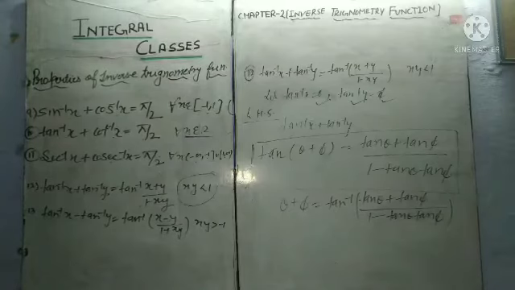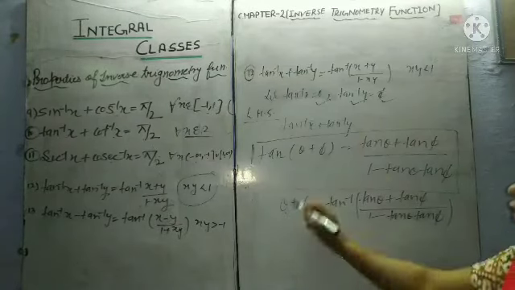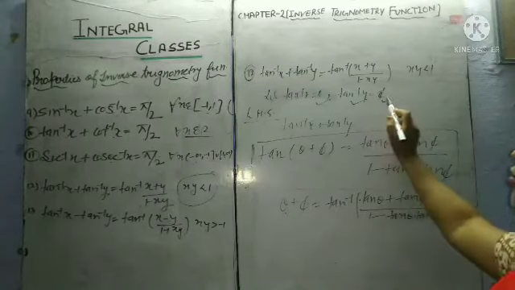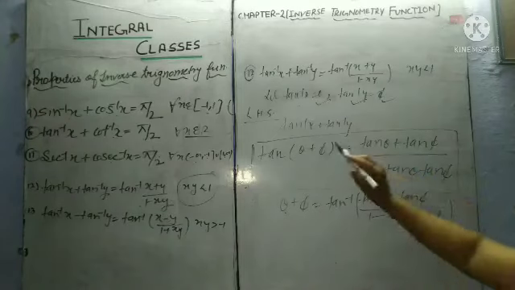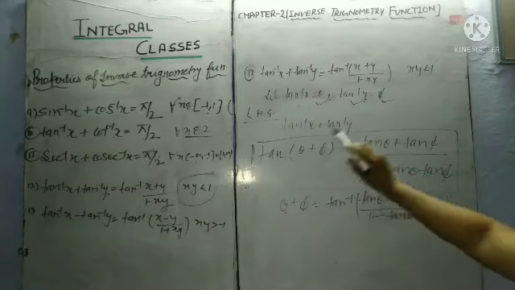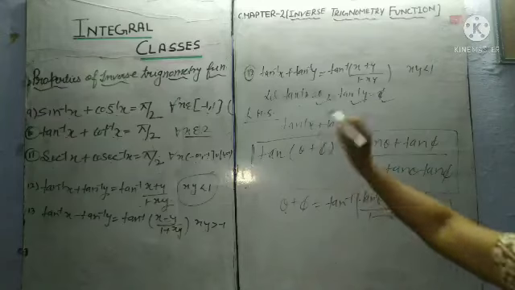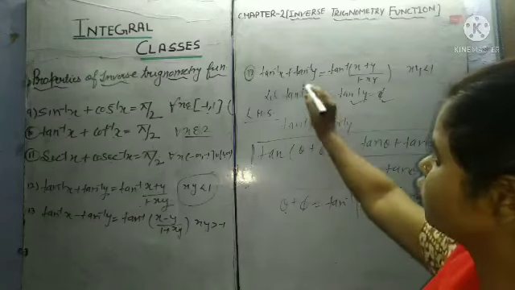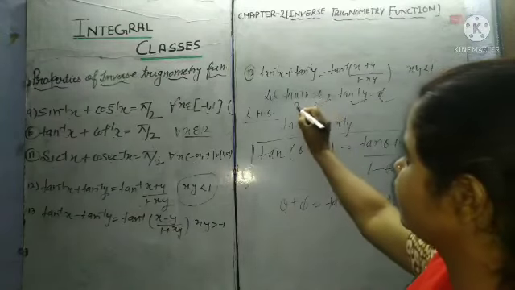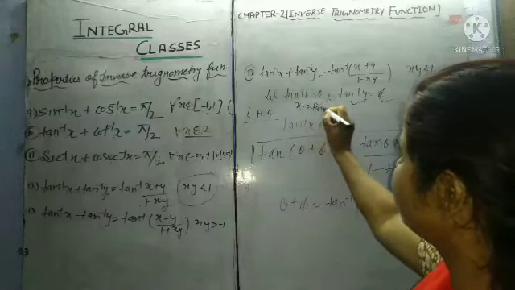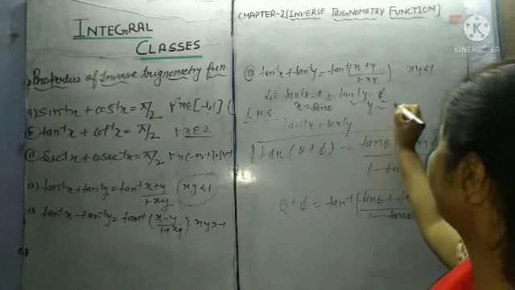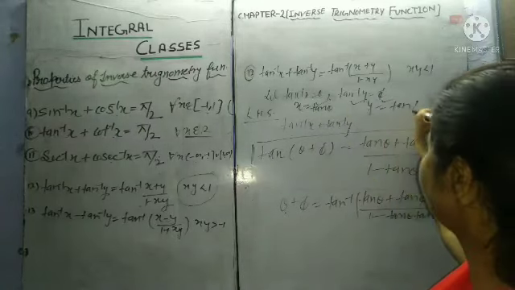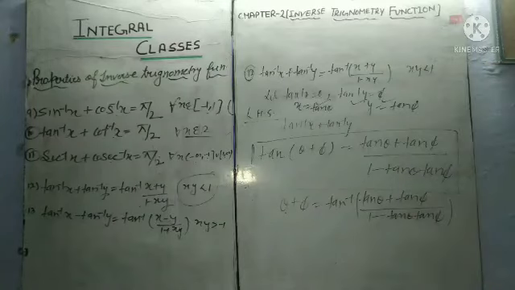Now again we will replace theta equal to tan inverse x, and phi equal to tan inverse y. And tan theta equal to what here? If we take tan to the other side, then x equal to tan theta and y equal to tan phi. So we will replace both sides.